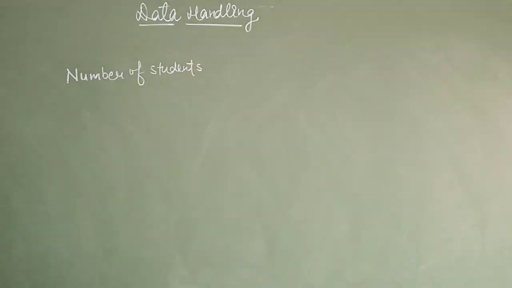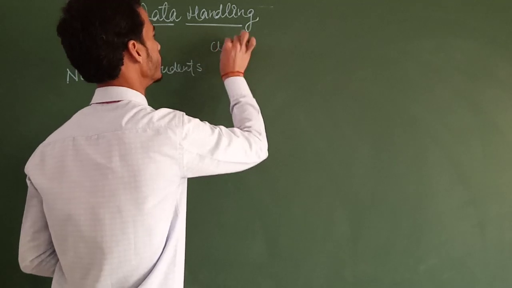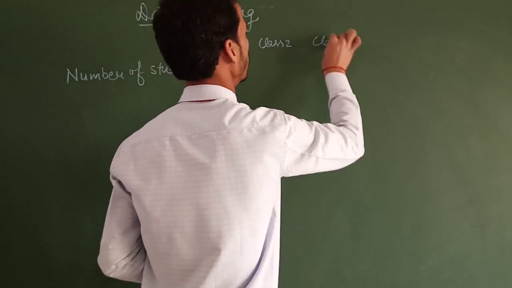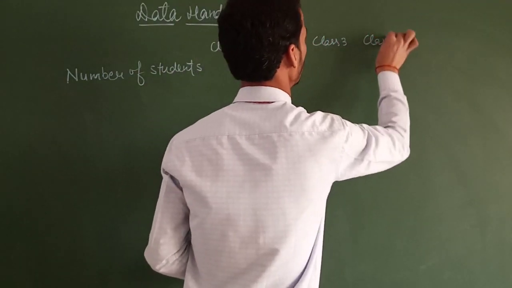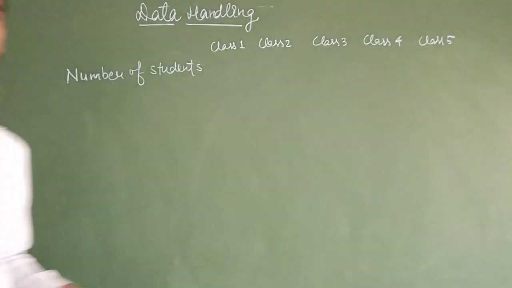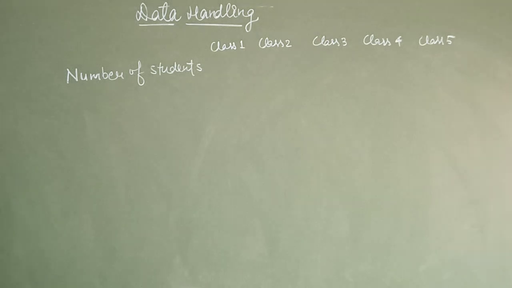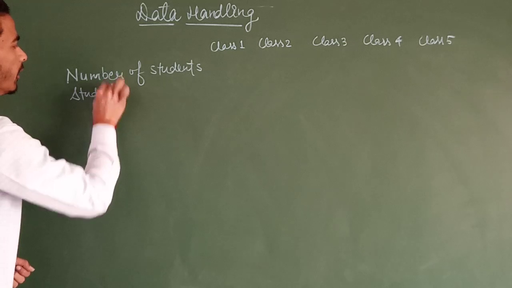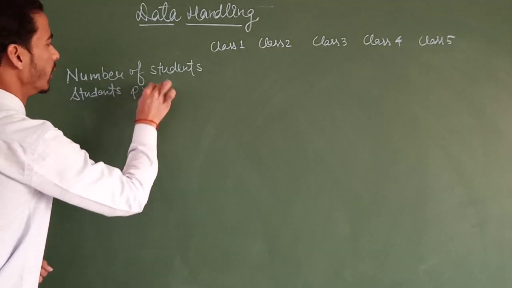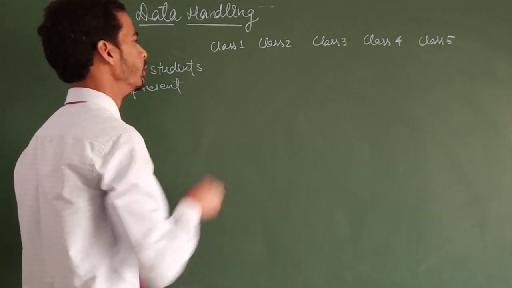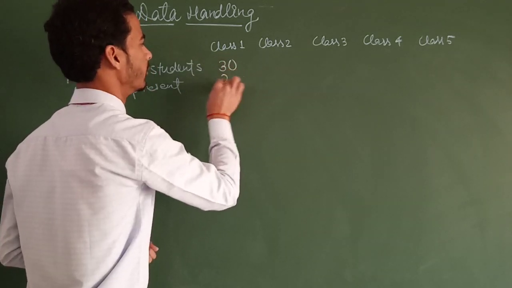There are proper classes: class first, class second, class third, class fourth, class fifth, and the number of students present. In class first there are 40 students and 27 were present.